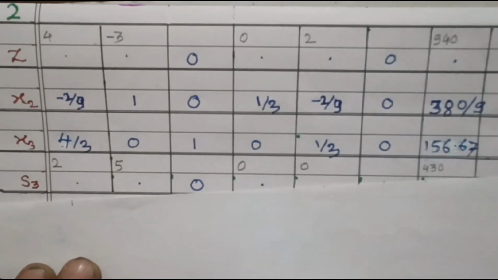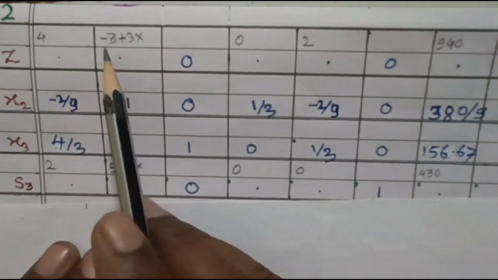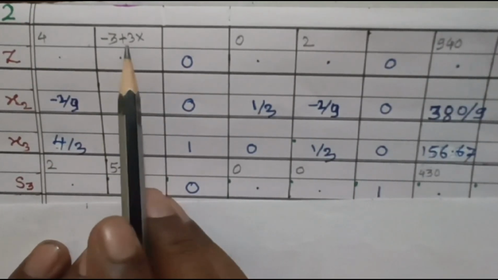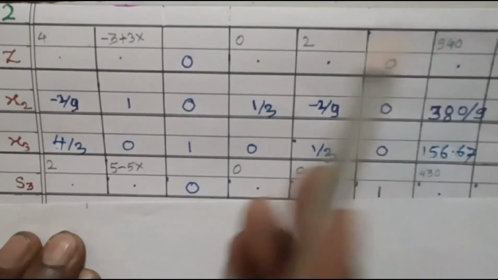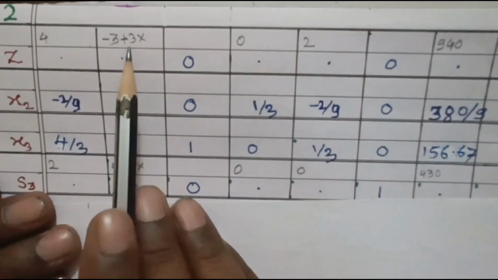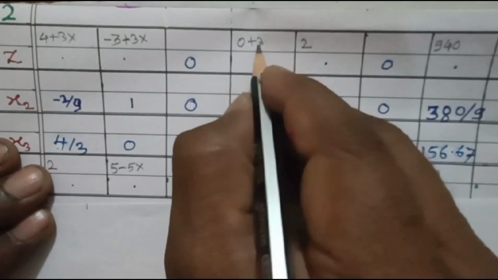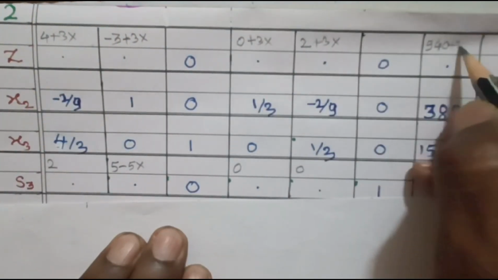So applying the mathematical operation, to make this element 0, for -3, its opposite number is +3. So -3 plus 3 times, whatever operation we are using here, the same mathematical operation we apply in the Z row. Okay, +3 times here, here also +3 times, here +3 times, here also +3 times.